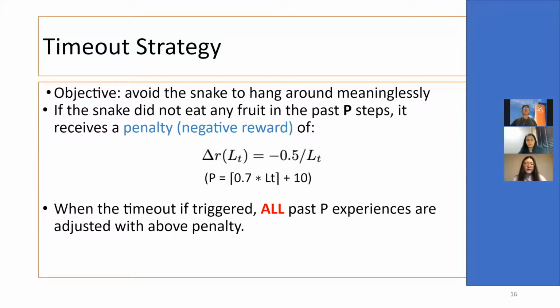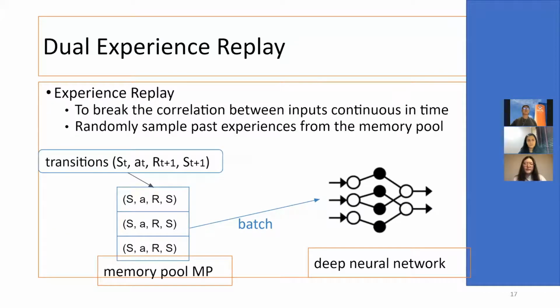The next strategy developed by the authors is called dual experience replay, which is based on the basic experience replay. It was developed to break the correlation between the inputs that are continuous in time. In this strategy, the past experiences are randomly sampled from the memory pool that stores the transitions over time.